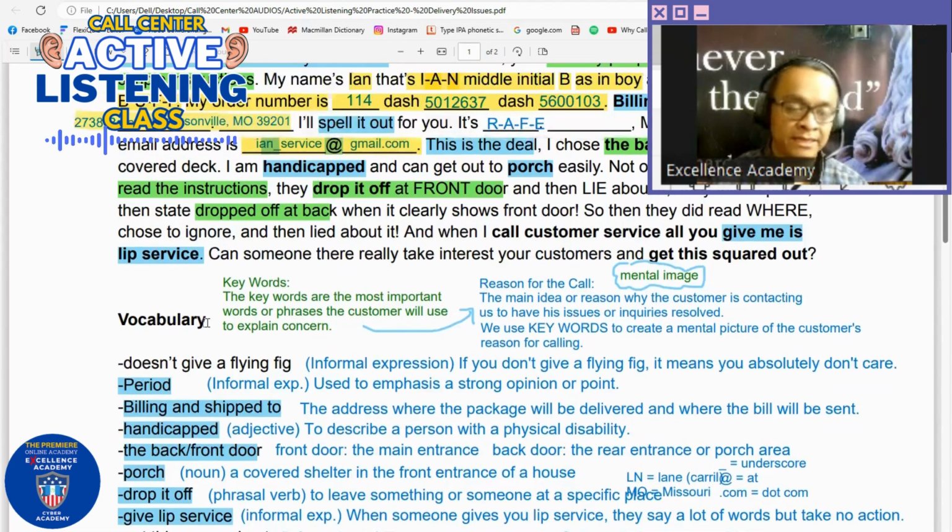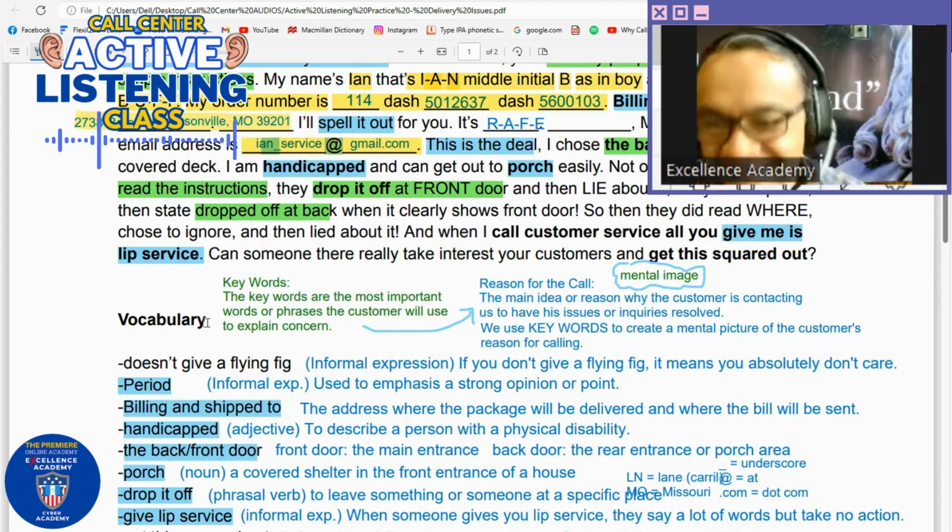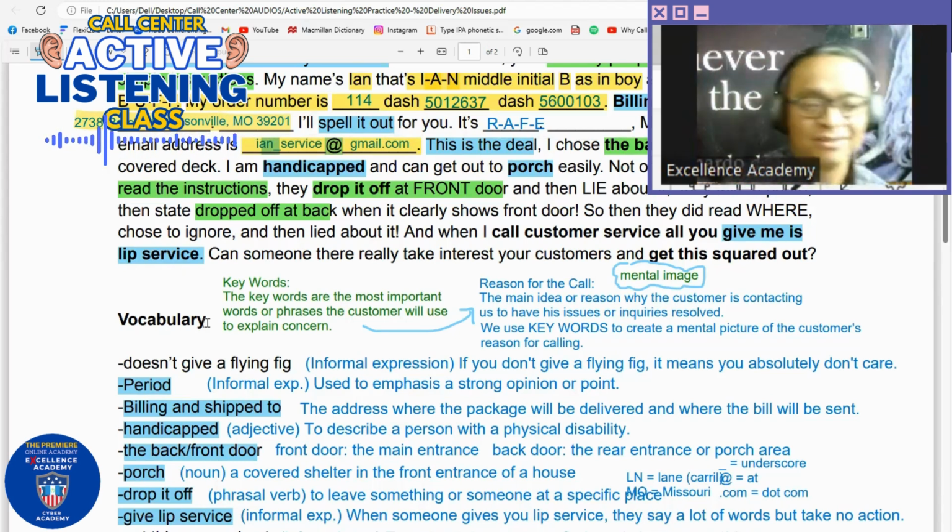So lip, L-I-P, is the soft part of your mouth, right? You have an upper and lower lip that forms your mouth. And service, so you can imagine lip service. When somebody gives you lip service, they talk a lot, a great deal, but they don't do anything. That is to give lip service.